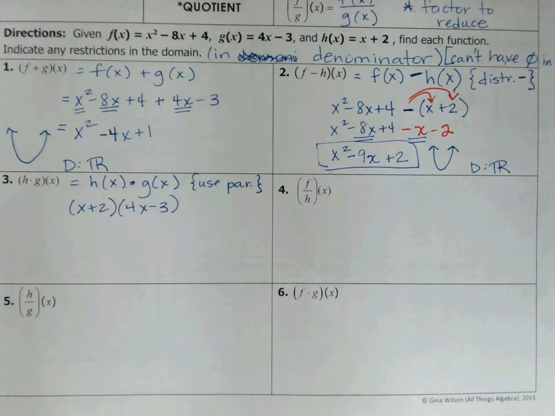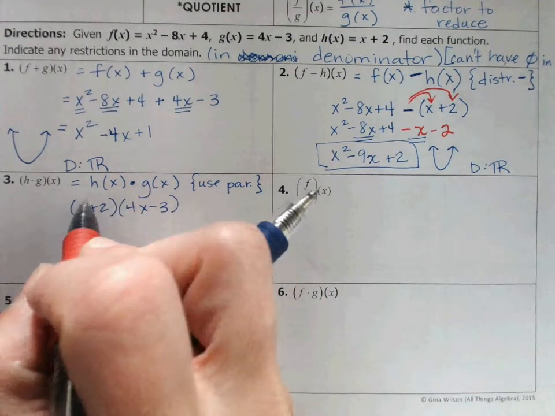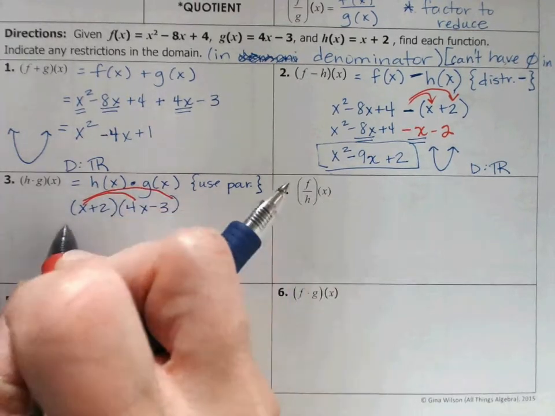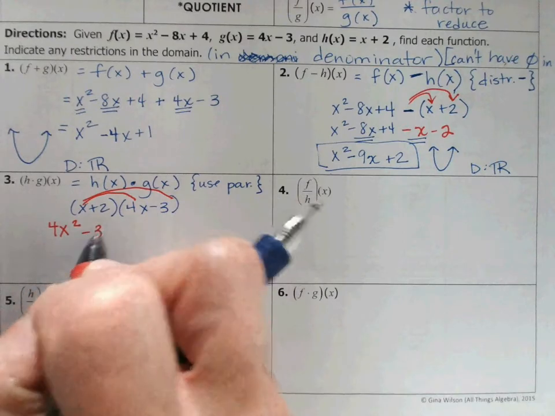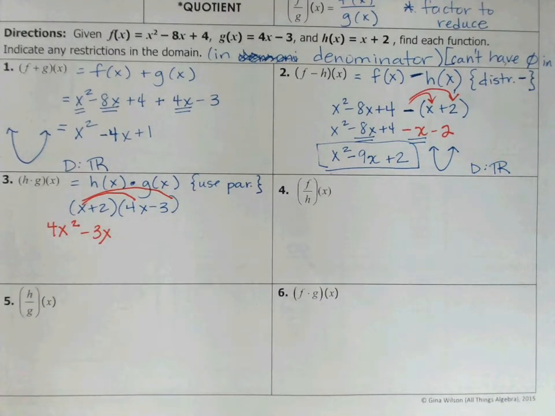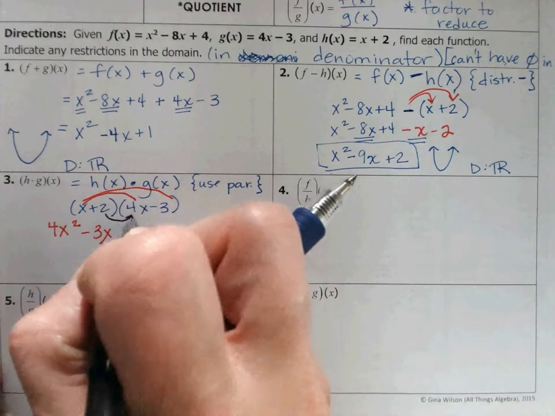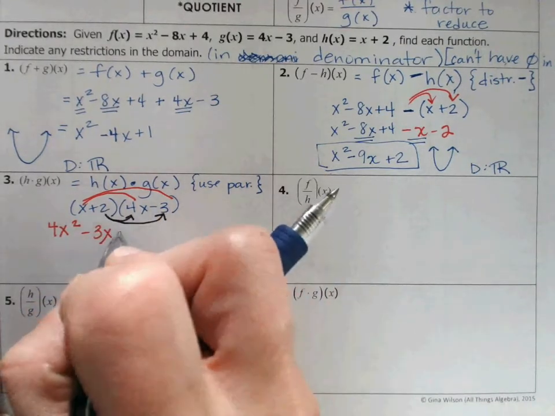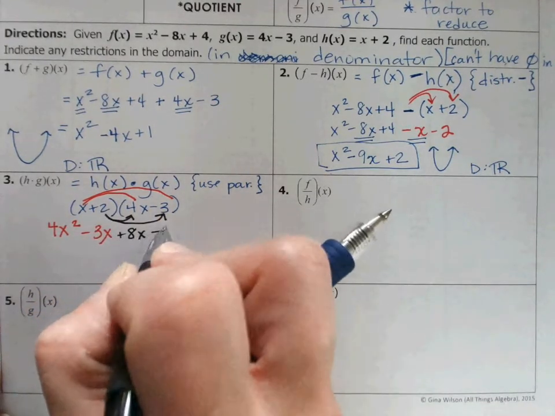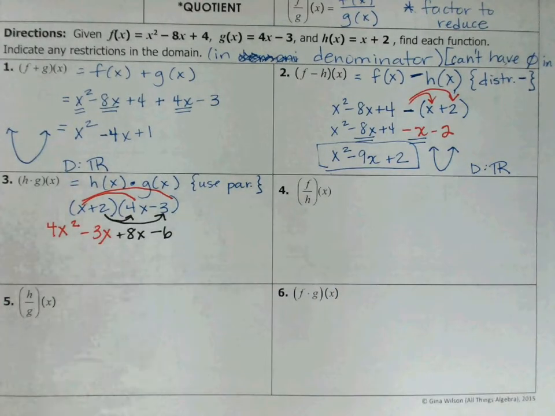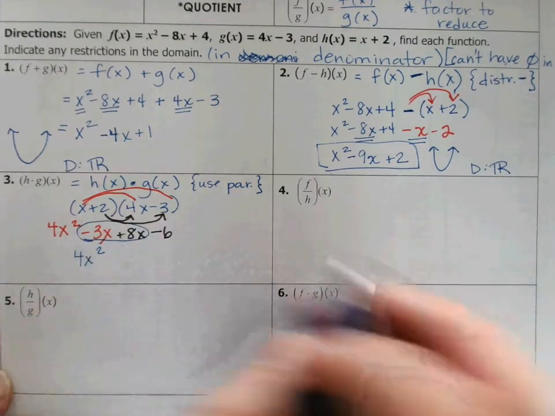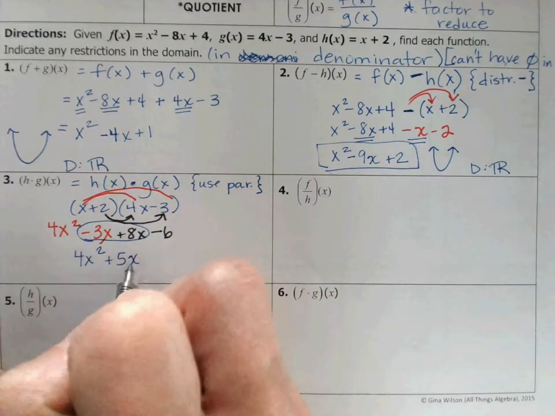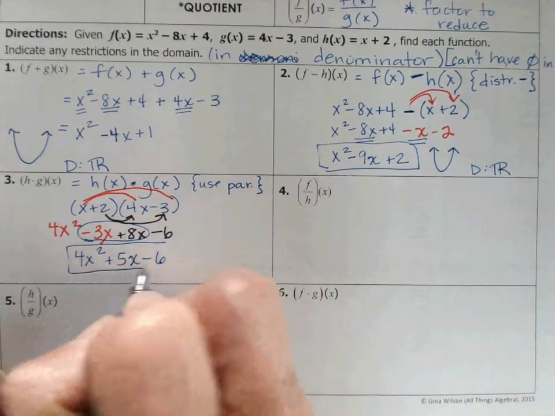That's my g. And now all we have to do is multiply. So do your first set. Then do your second set. And then go ahead and combine like terms. So I have 4x squared plus 5x minus 6.